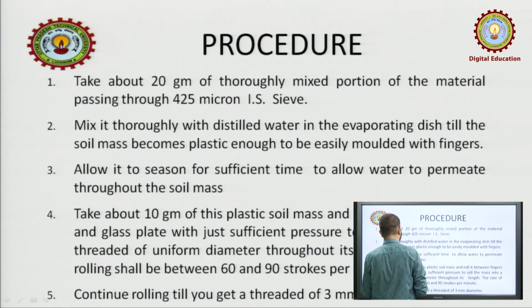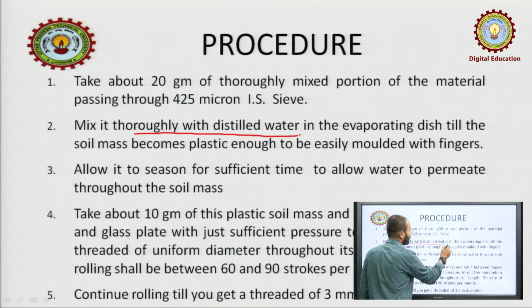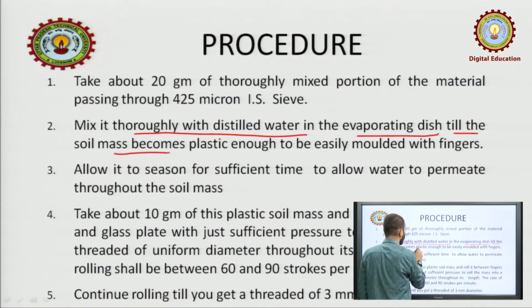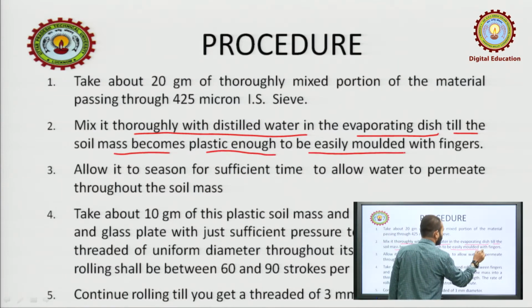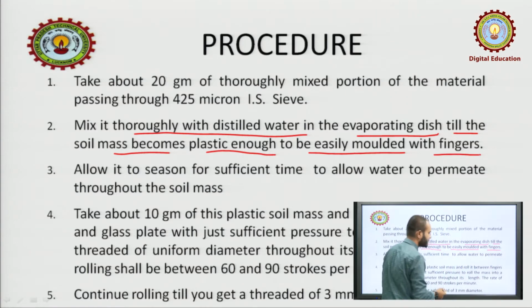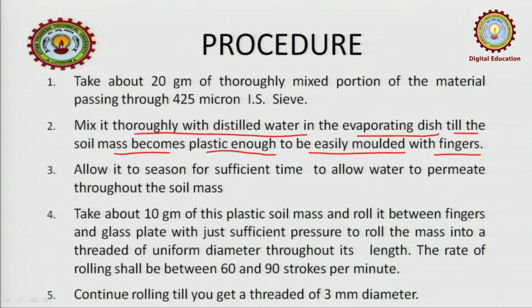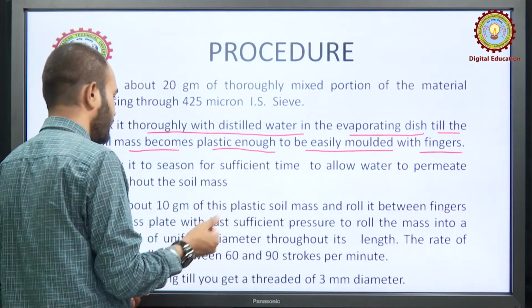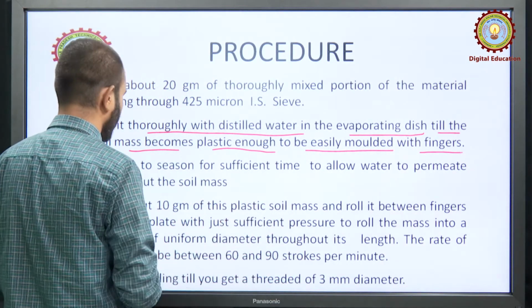Then let us move forward. Mix it thoroughly with distilled water in the evaporating dish till the soil mass becomes plastic enough to be easily molded with fingers. We keep checking how much plasticity it has gained, how much molding can be done with the fingers. It should not crumble.